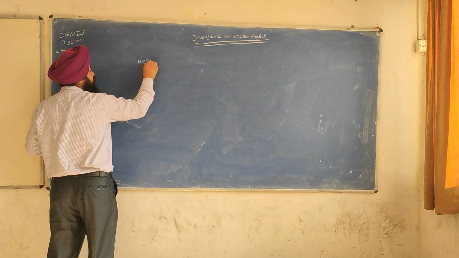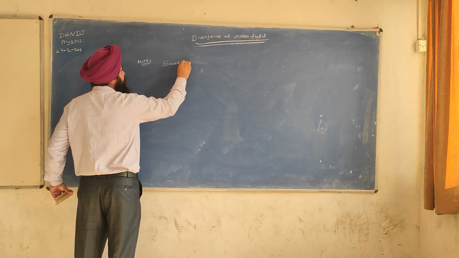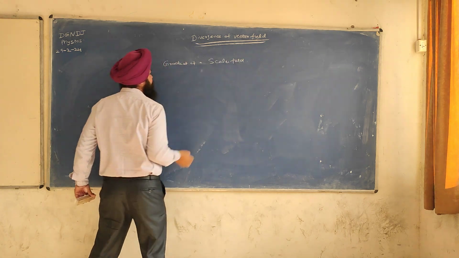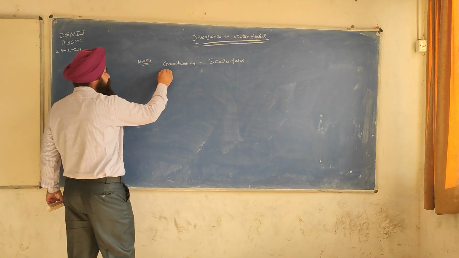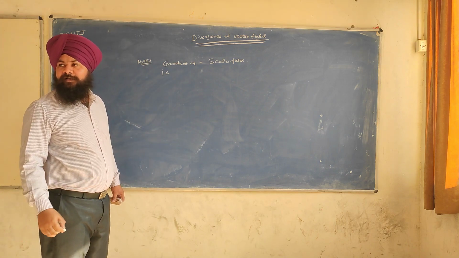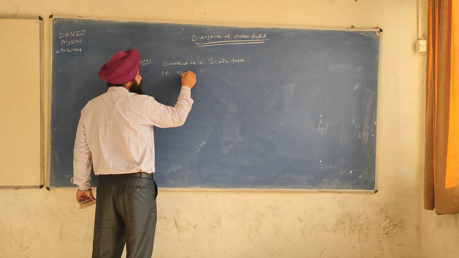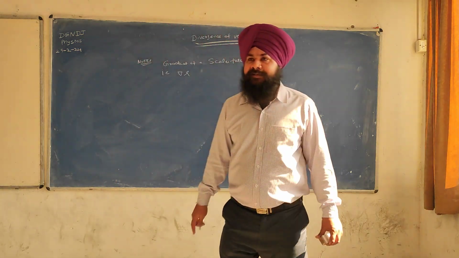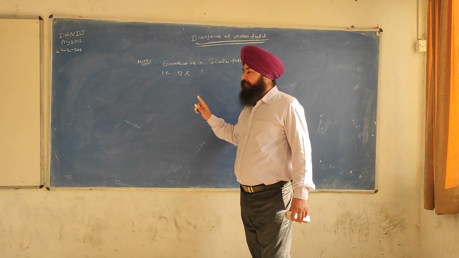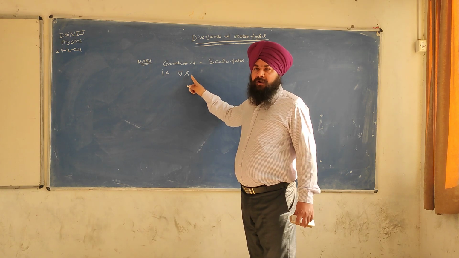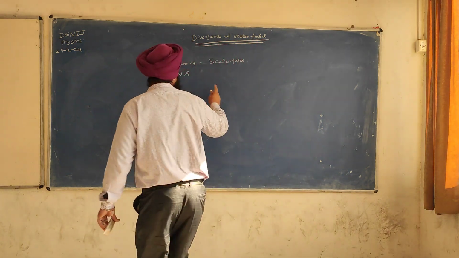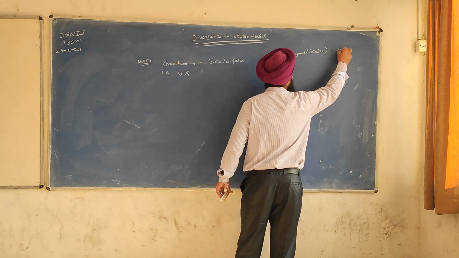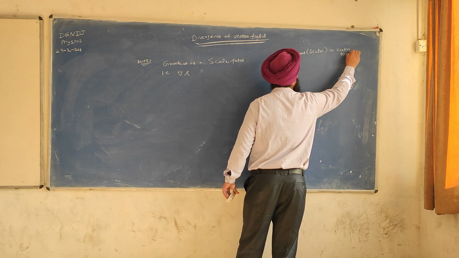Note: gradient of a scalar field means del r, del a or del e or del f, where f or e or r is a scalar quantity. This is called a gradient of a scalar quantity, and it gives me a vector quantity.